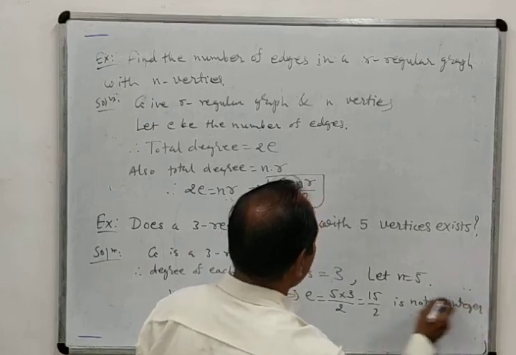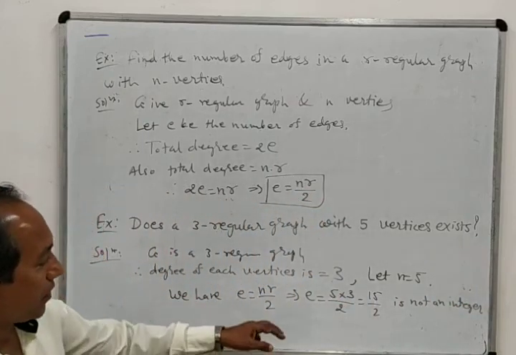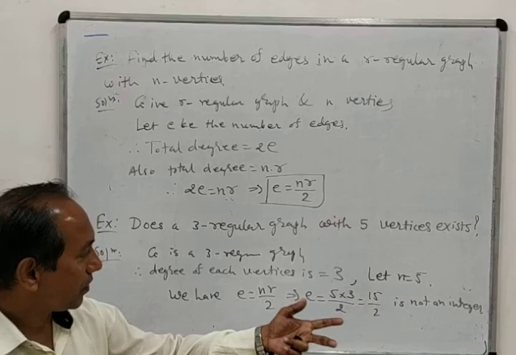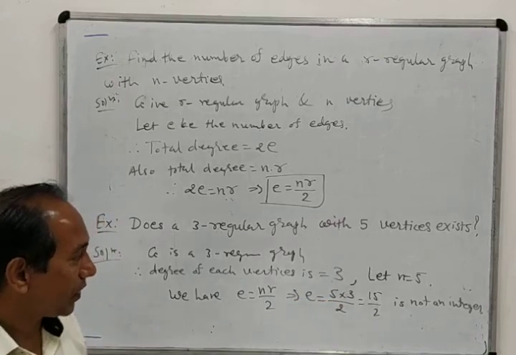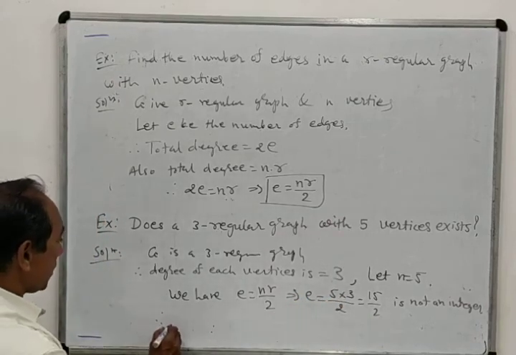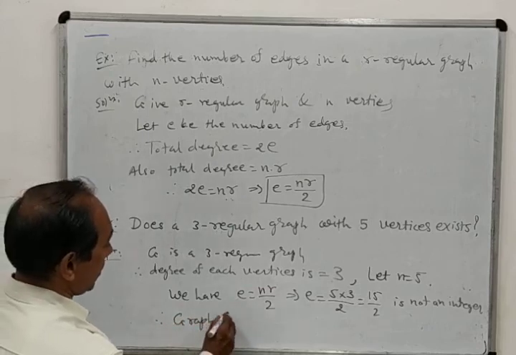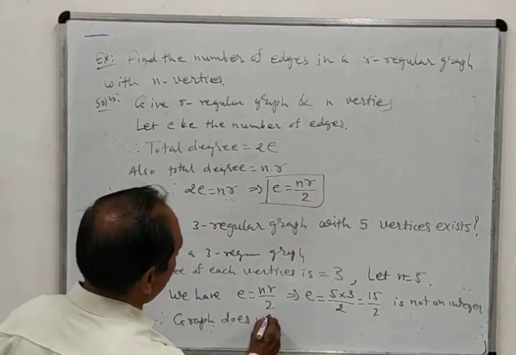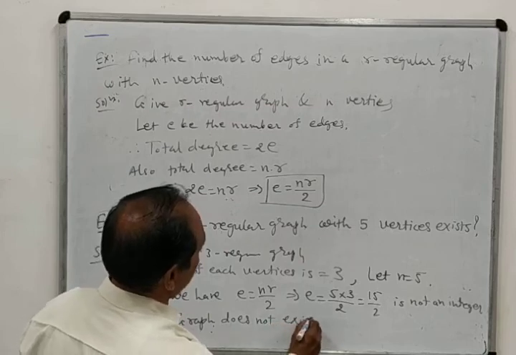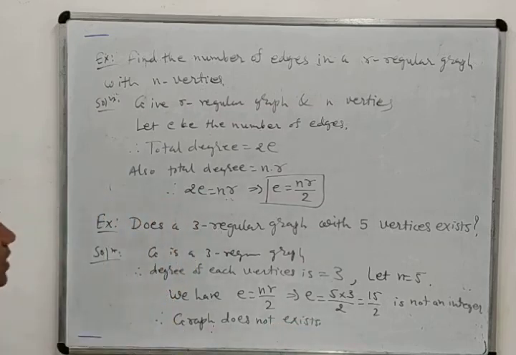So we can say that if 5 vertices are there and a 3 regular graph is there, then the number of edges is not an integer. Therefore, the graph does not exist. So we can see that a 3 regular graph with 5 vertices does not exist.